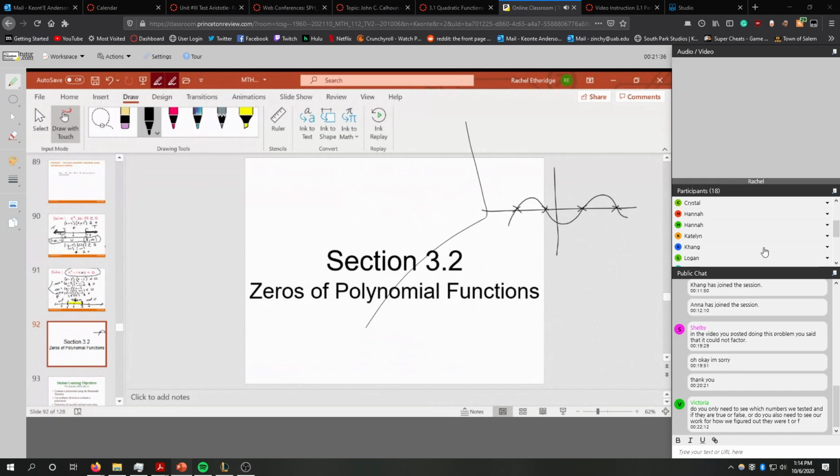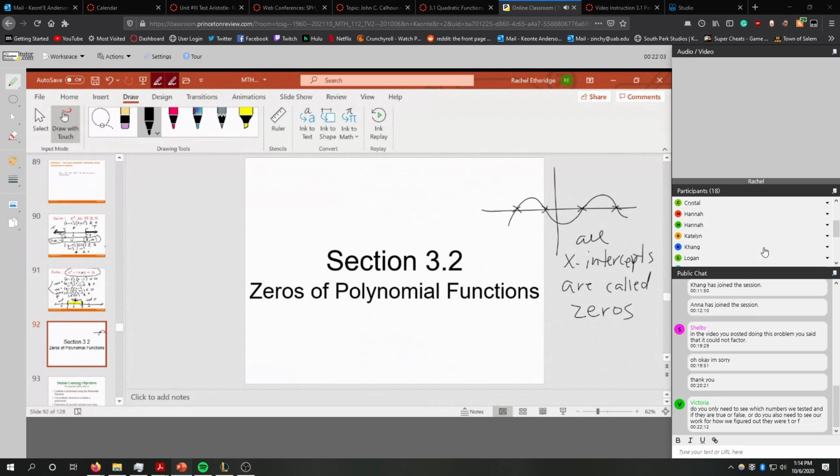Whatever the x is called the 0. So all x-intercepts are called zeros. All x-intercepts.